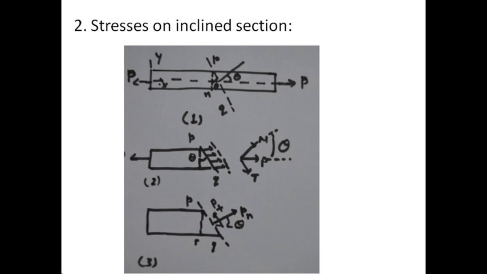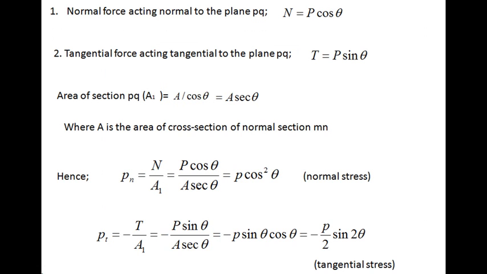The resultant of these stresses is a force equal in magnitude to the axial force P. We can resolve this resultant force into two components. The first is the normal force N, acting normal to the plane PQ, and the second is the tangential force T acting tangential to the plane PQ.